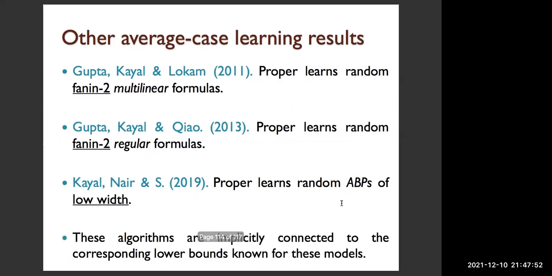Although they don't state it explicitly, all these algorithms are implicitly connected to certain lower bounds. And I must say, for whatever models we know of learning, and even average case learning, even they have existing good lower bounds.